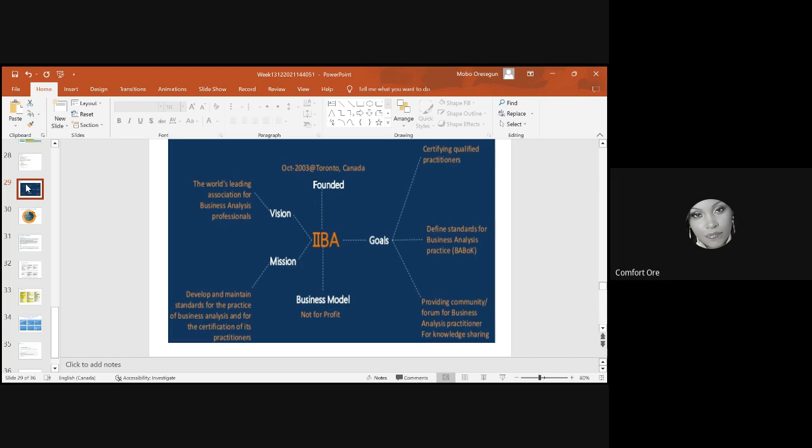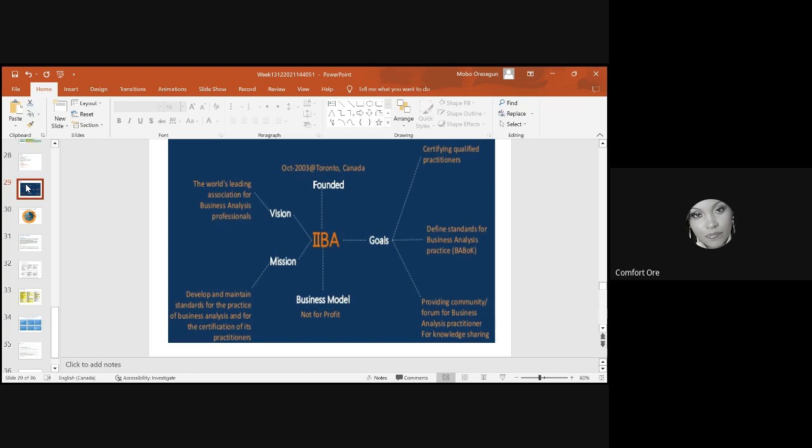It's just a regulatory body for business analysis services and offerings, and everything that business analysis stands for. It's a world-leading association of business analysis professionals. That's their vision. It was founded in October 2003.